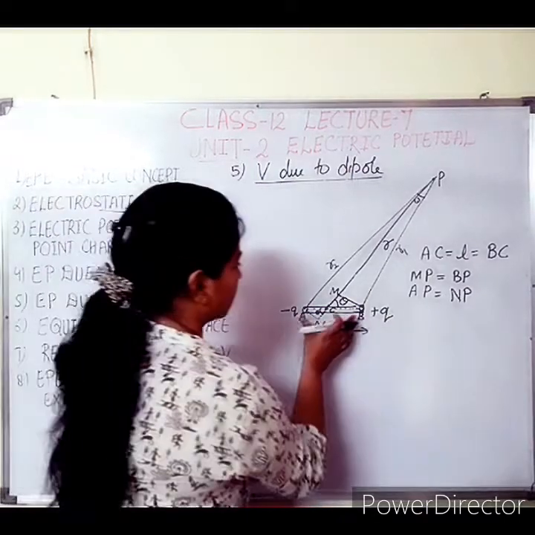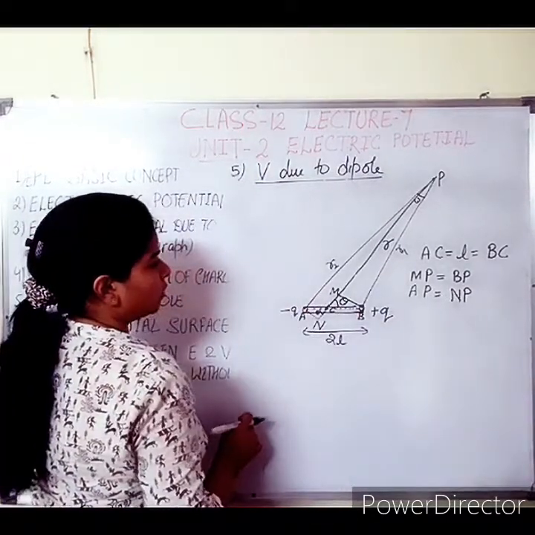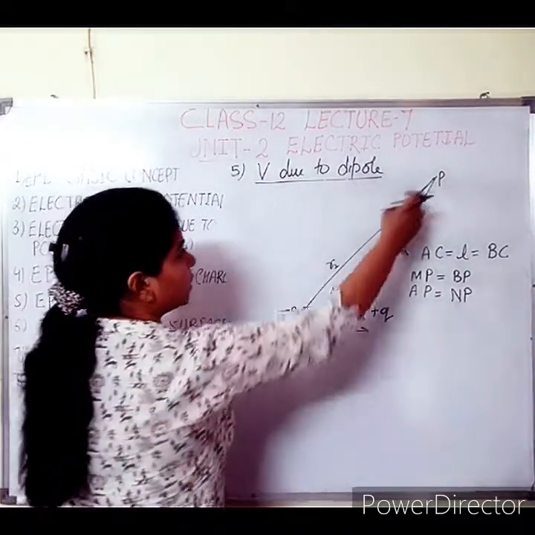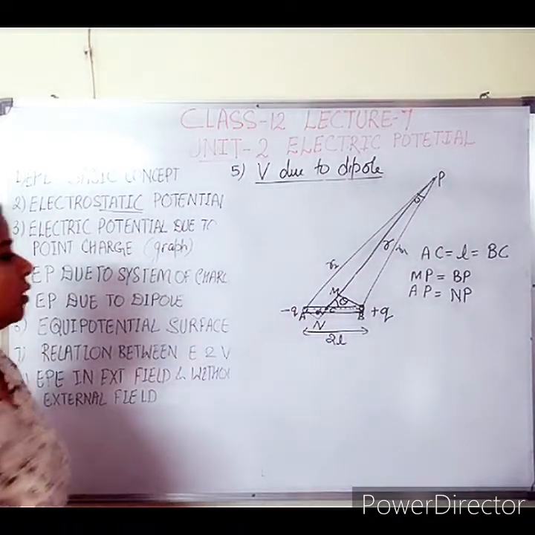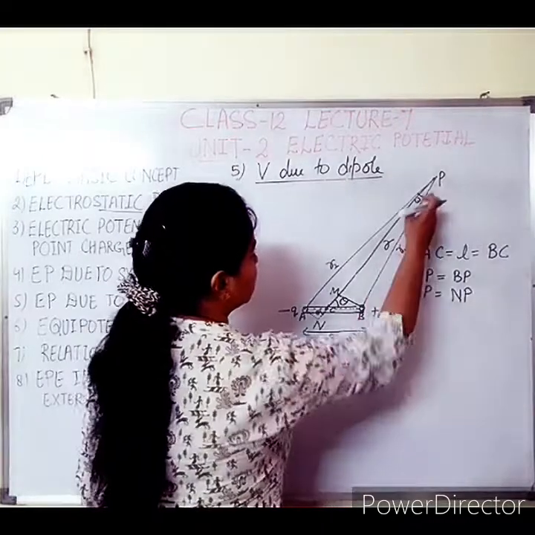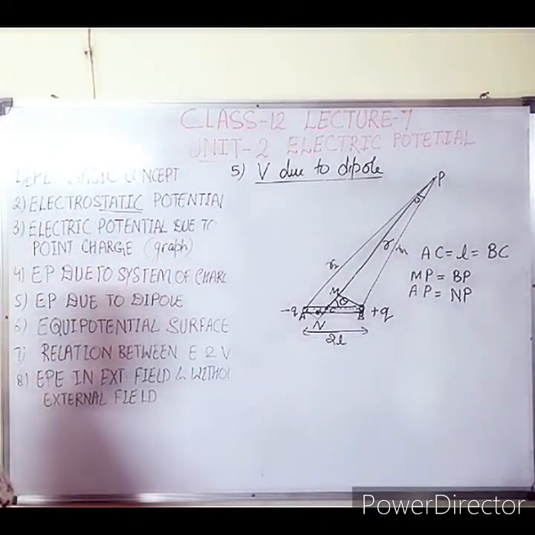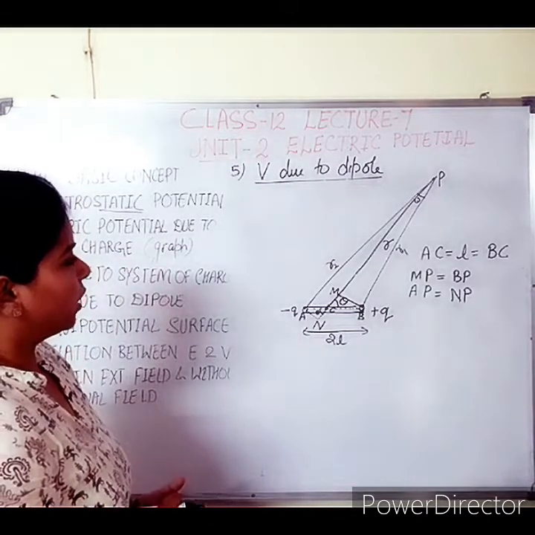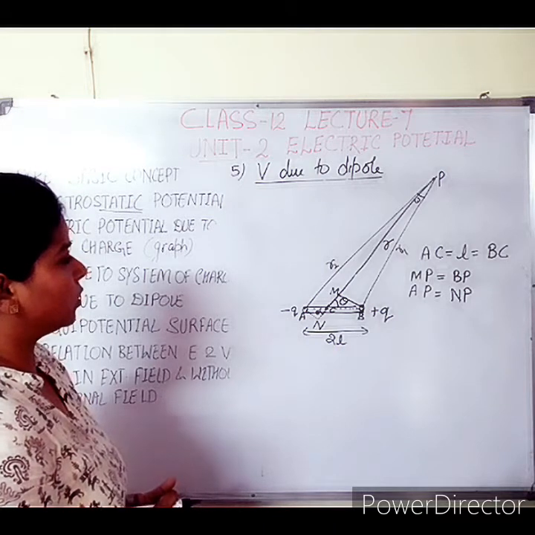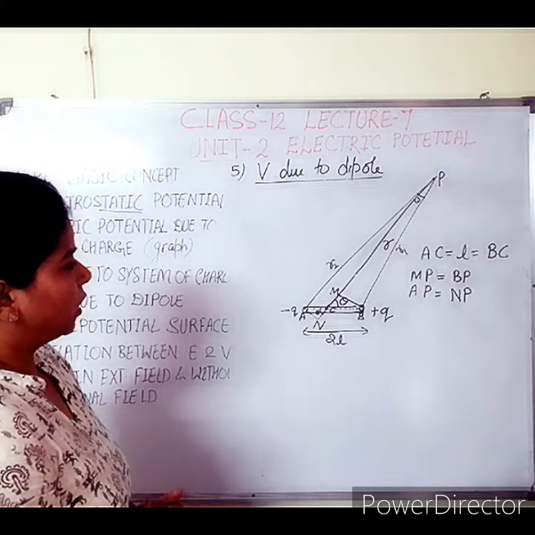Now see here, we need to calculate the potential at point P due to the first charge, and then the potential at point P due to the second charge, and then we will calculate it. That was the case. Okay, so what will we do? In place of this, we will use another term.